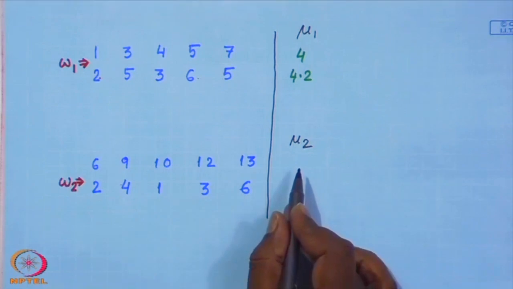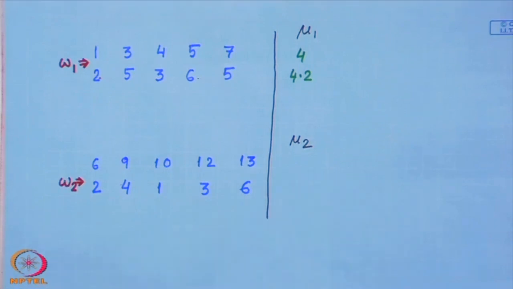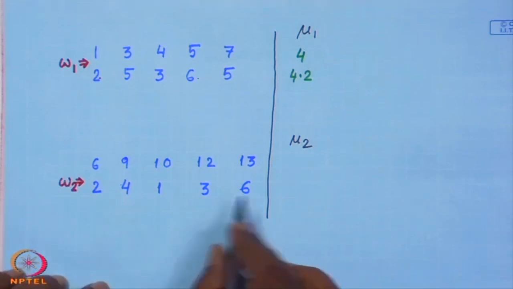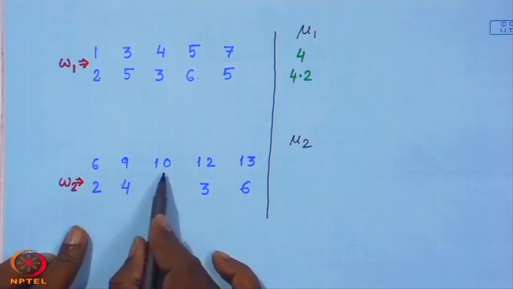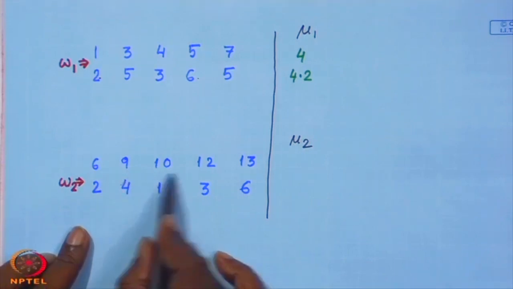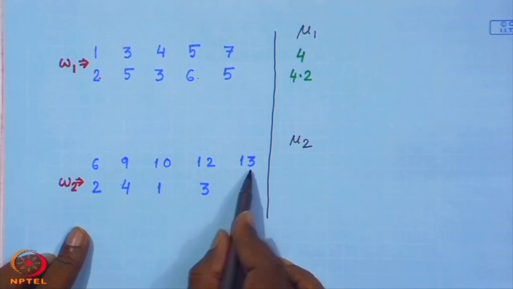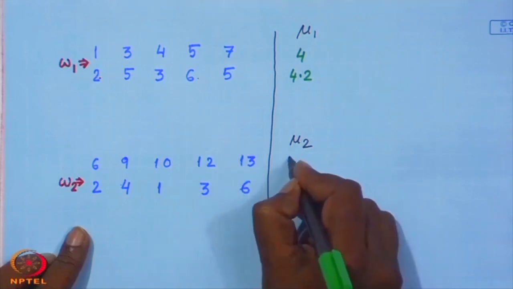So, mu 1, the mean of the feature vectors belonging to class omega 1, is (4, 4.2). Similarly, mu 2, the mean of the feature vectors belonging to class omega 2: the first component is 15 plus 10 is 25, plus 37 is 50, divided by 5, that will be 10.